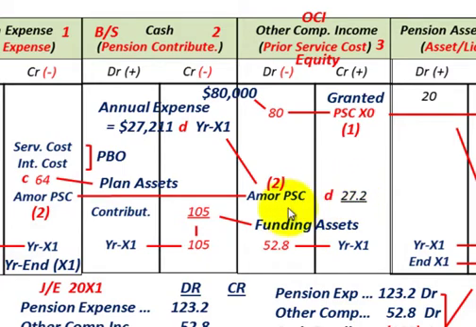And then remember, at the end of the year you just net whatever's sitting in your beginning balance, whatever you have for your crediting for your prior amortization of prior service cost, and that's going to give you whatever balance you need at the end of the year in your other comprehensive income. Okay, so that just goes over our typical problem for pension accounting, and this is where we amortize the prior service cost using this straight line method.